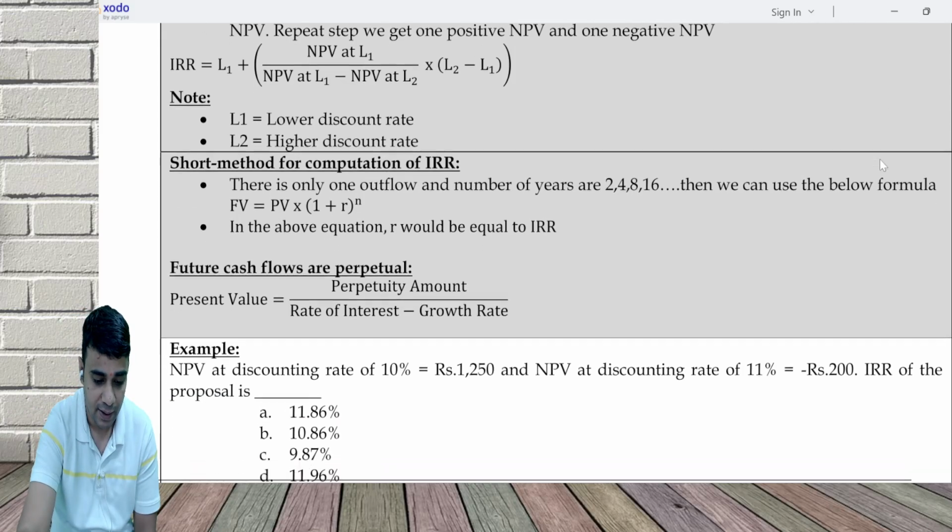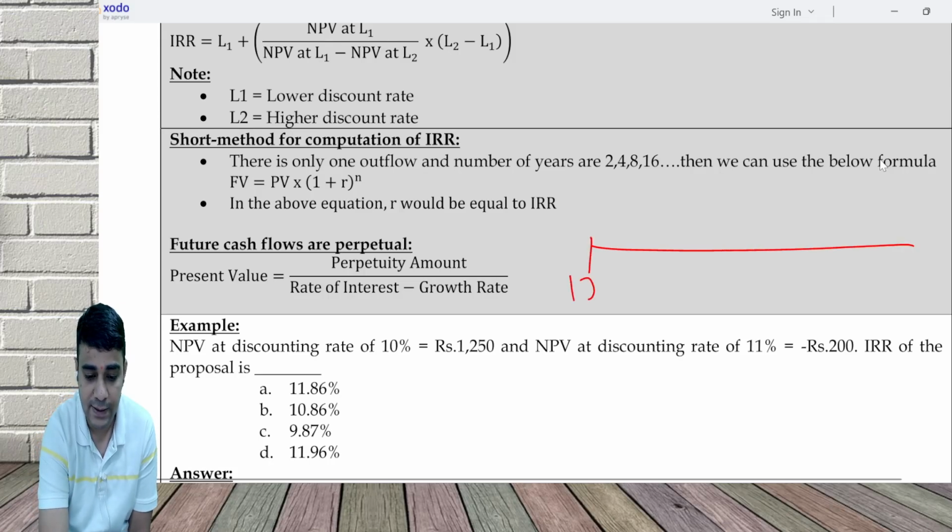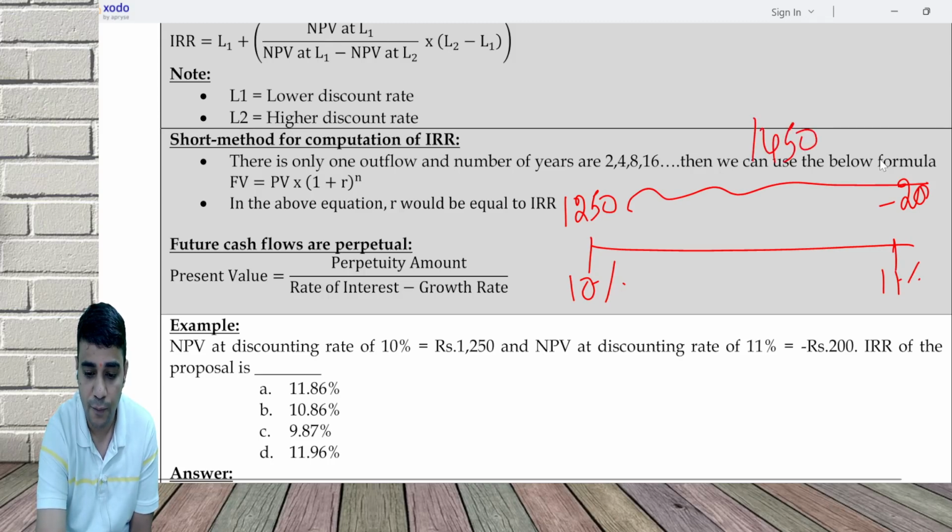For example, NPV at a discount rate of 10% is 1250, and at 11% is minus 200. IRR, timeline approach: 10% gives 1250, 11% gives minus 200. The difference here is 1450, and the difference in rate is 1%.